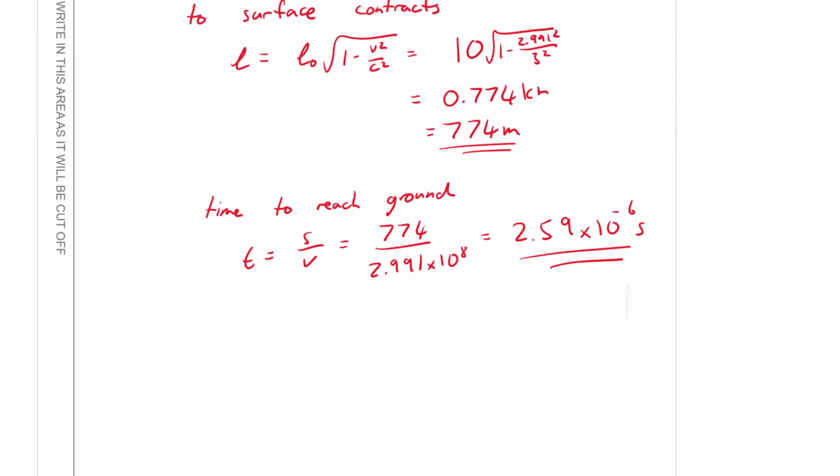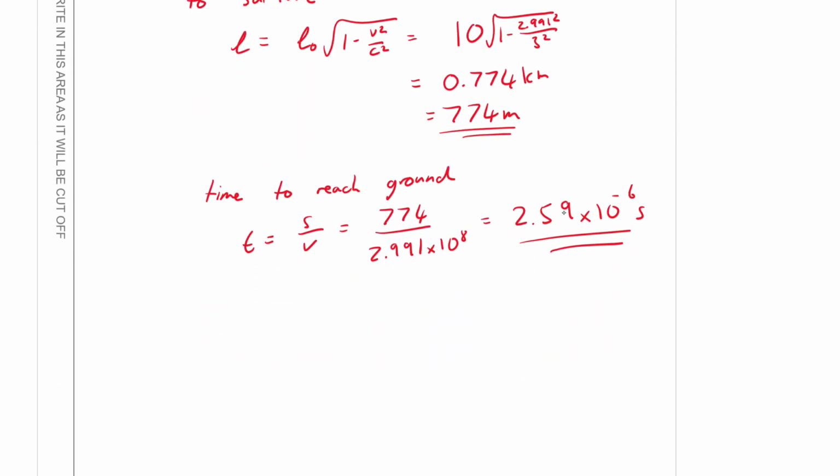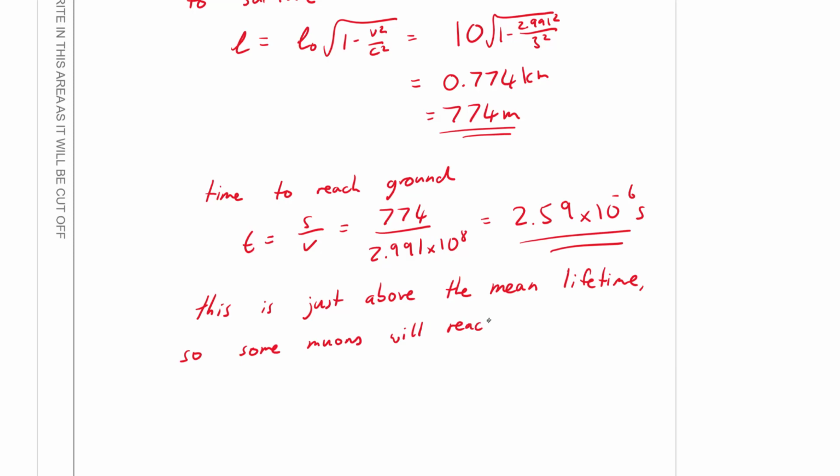So that would mean that those ones would actually have enough time to get there. So you just summarize. You'd say this is just above the mean, or you can say it's below the maximum lifetime. So some muons will reach the Earth's surface.